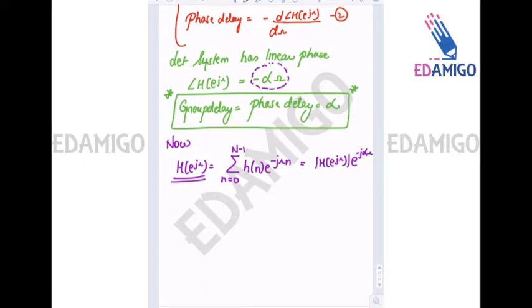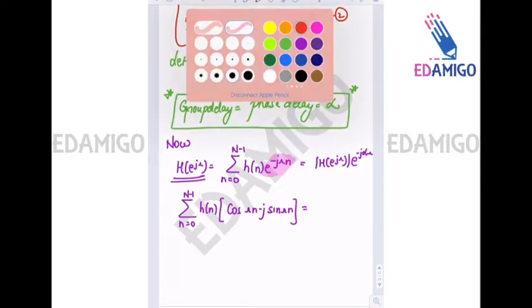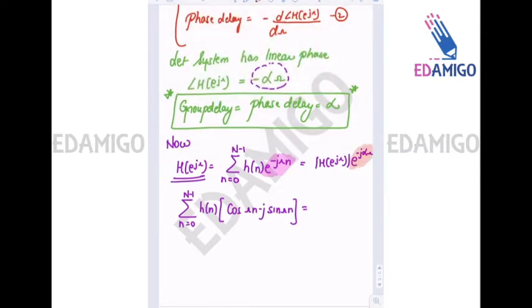Now e to the power minus jωn can be written in cos and sine, so cos of ωn minus j sine of ωn, and writing this e to the power minus jαω in cos and sine, we'll get cos of αω minus j sine of αω.